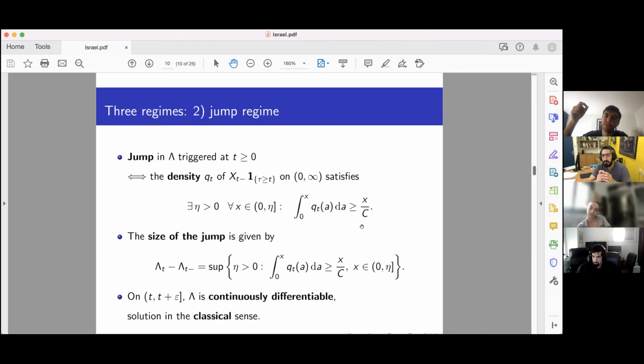If the water is colder than -1/c degrees Celsius, then you will see an instantaneous jump. This supercooled water will instantaneously freeze, and your ice will advance by a jump.